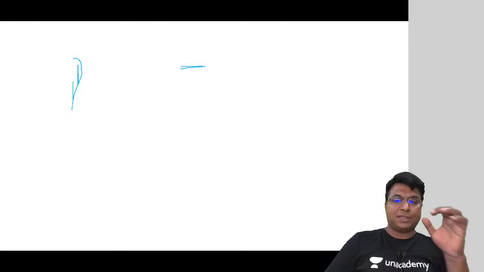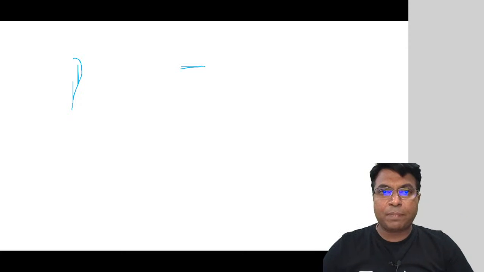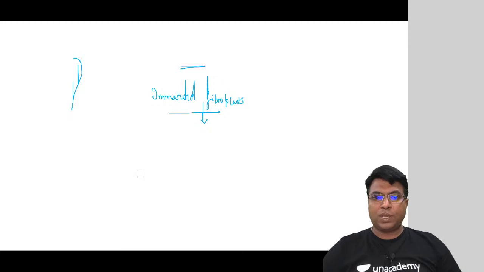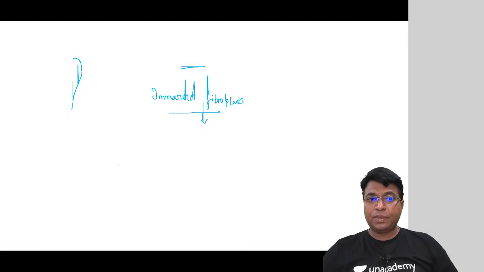Keloid arises from immature fibroblast. Please don't forget, keloid arises from immature fibroblast, whereas hypertrophic scar arises from a mature fibroblast.